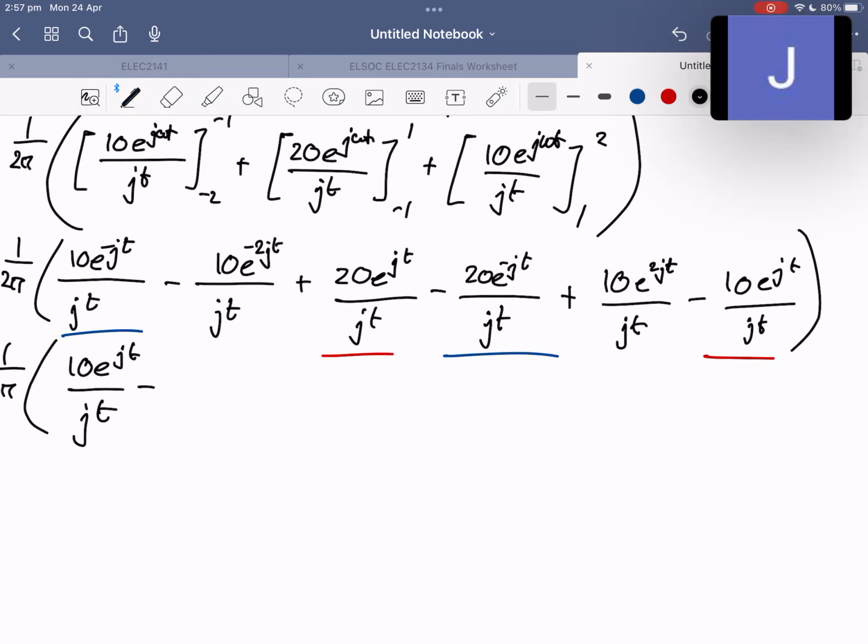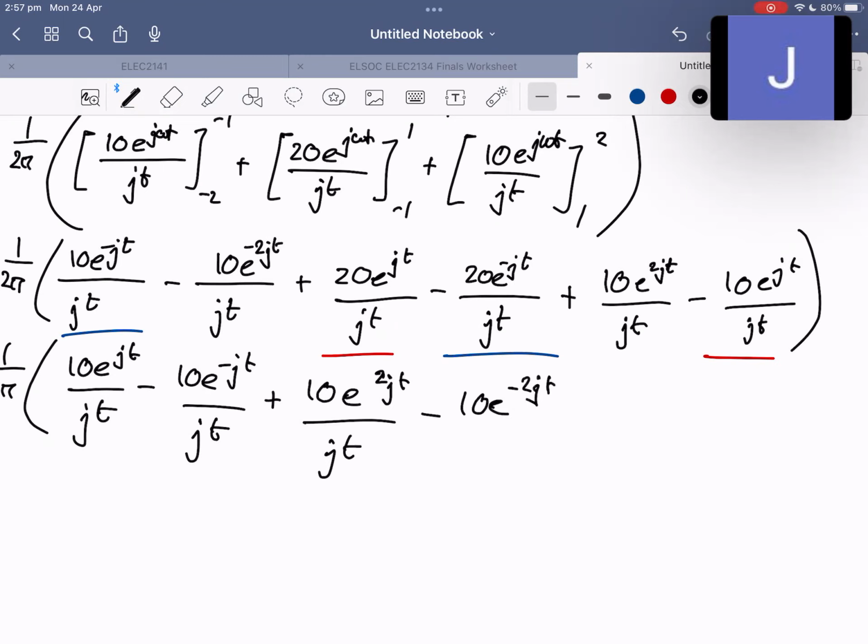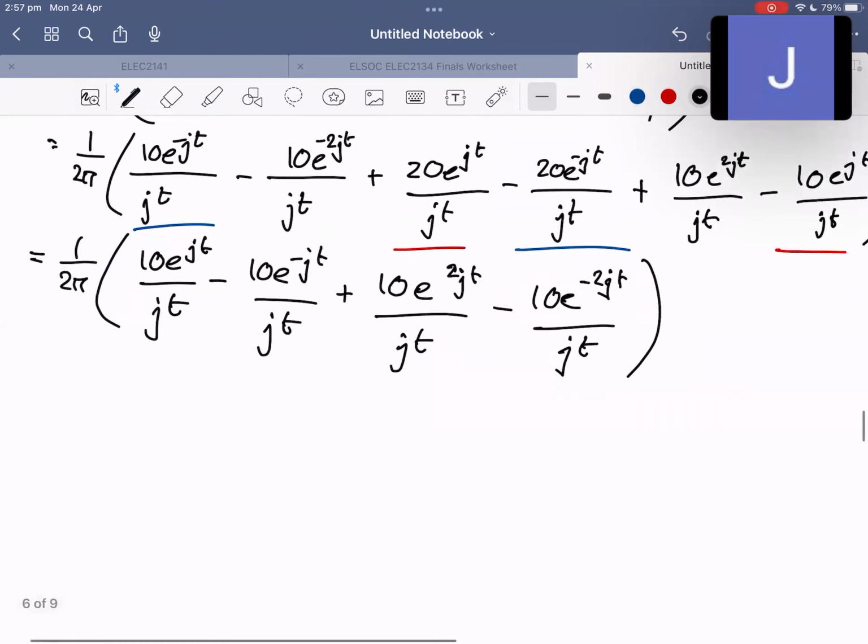So we've got minus 10 e to the minus jt on jt. And then the only thing I have left is 10 e to the positive 2jt divided by jt minus 10 e to the negative 2jt on jt.